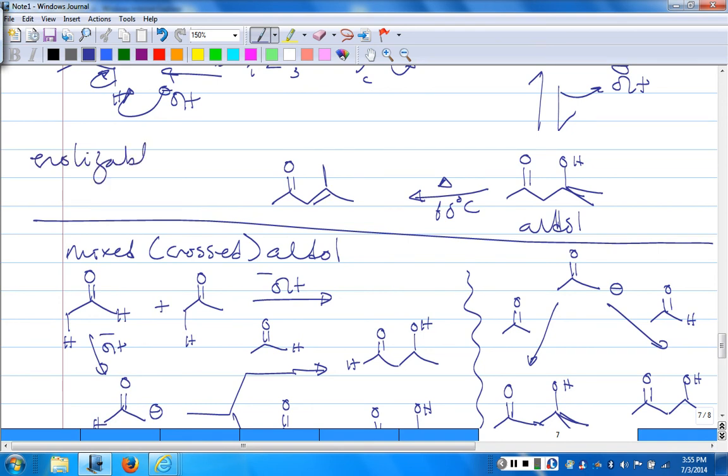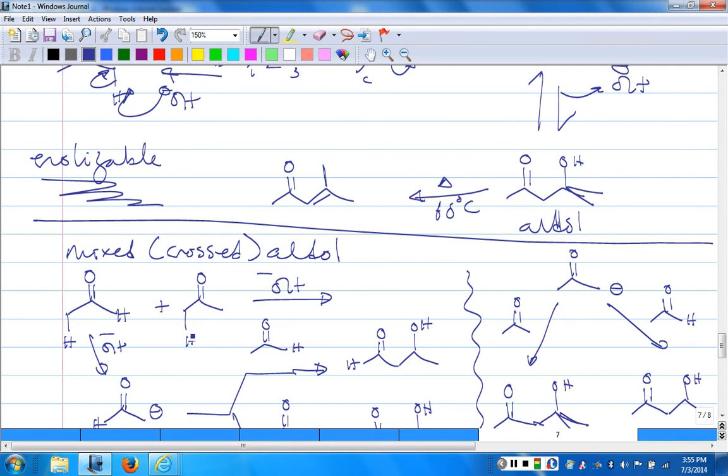Enolizable means that they're capable of forming enolates, that there is an acidic proton, right? There is an H that is alpha to the carbonyl that can be pulled off. There's an H here, there's an H here. So these compounds can form the enolates. Therefore, they are enolizable. And because I made two enolizable species, they would turn around and attack both parents.